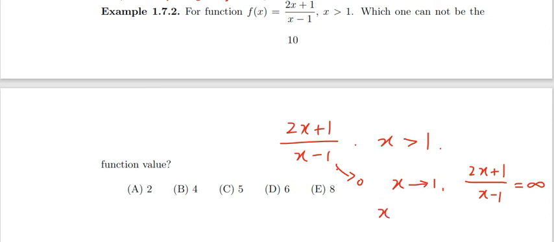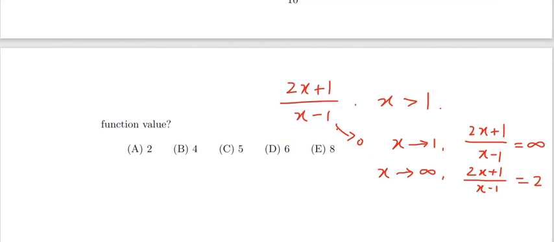Then let's check x going to infinity. When x is very, very large, this will be close to 2, right? So those values are just from 2 to infinity. But it cannot be equal to 2, so we say it cannot be this number. It can be any number larger than 2. Okay?